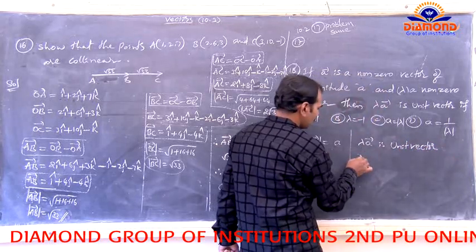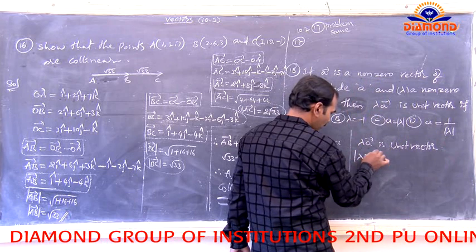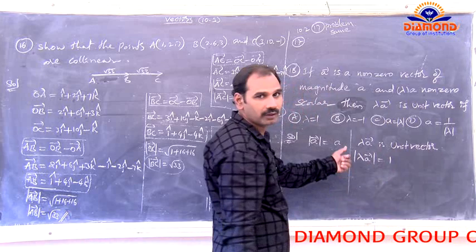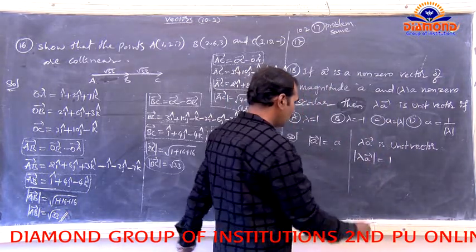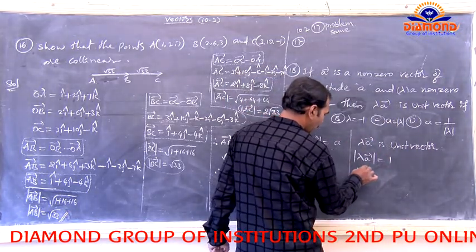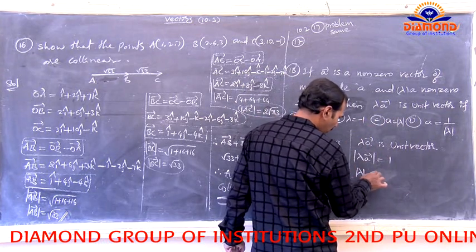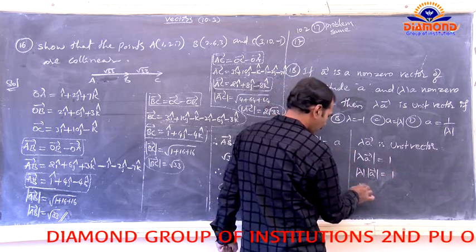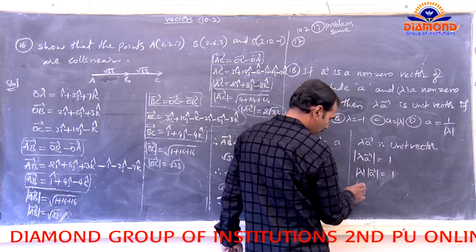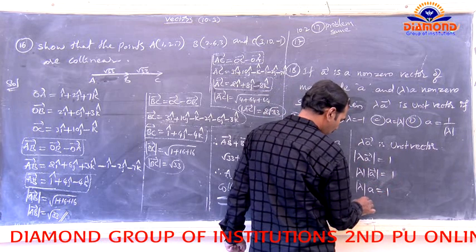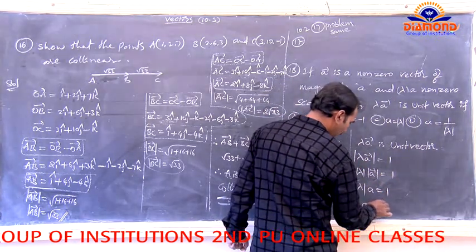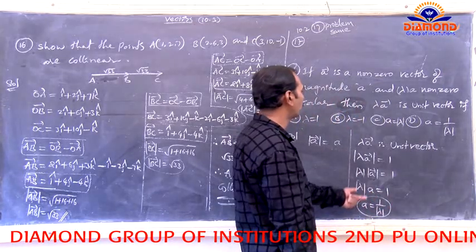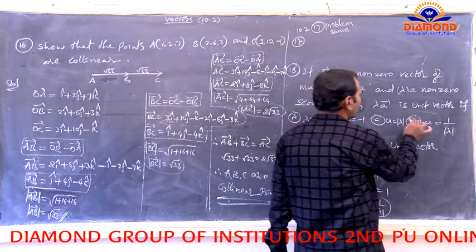So magnitude of lambda times magnitude of A equal to 1. So lambda equal to 1 divided by magnitude of A. This is the lambda value. So option number D is correct.